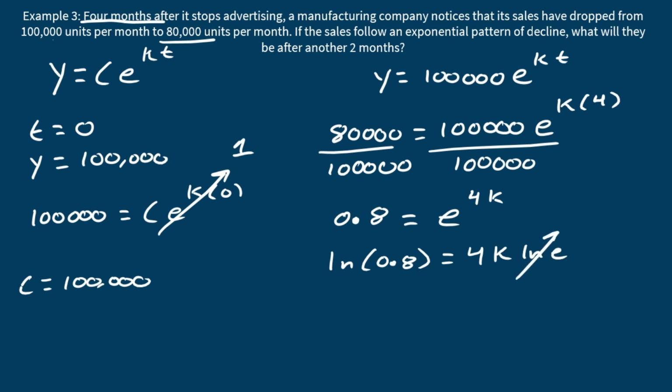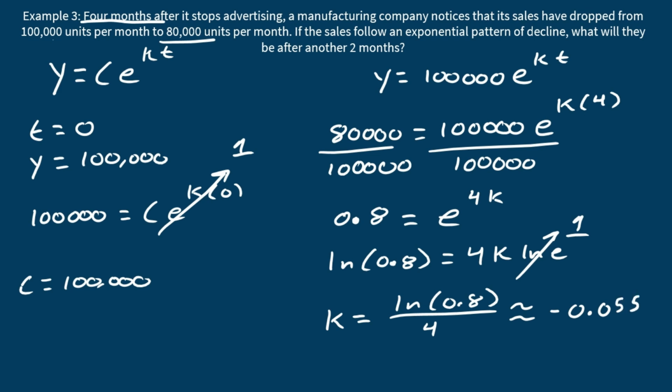And we know ln of e is equal to 1. So now we divide 4 to both sides, and we will have k is equal to ln of 0.8 divided by 4. And if you were to type this into your calculator, what you're going to get is that k is approximately equal to negative 0.0558, like that.